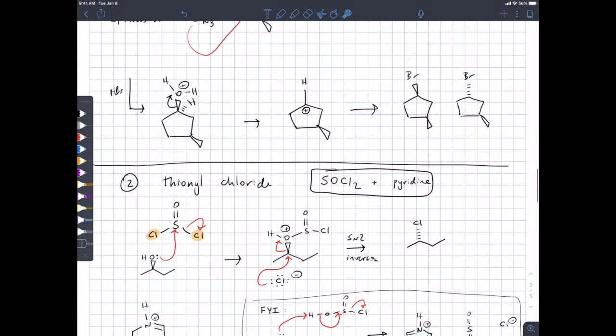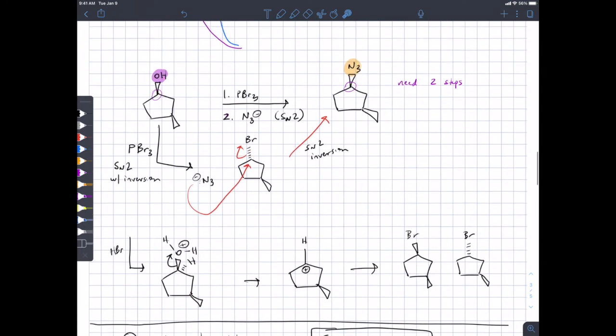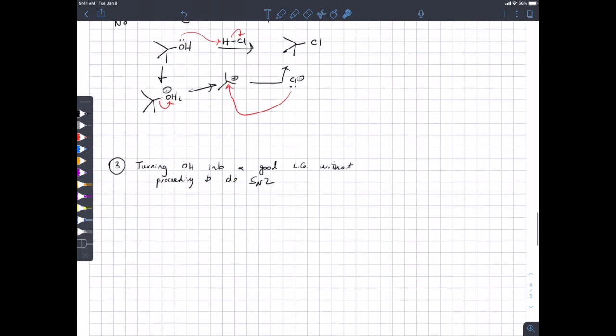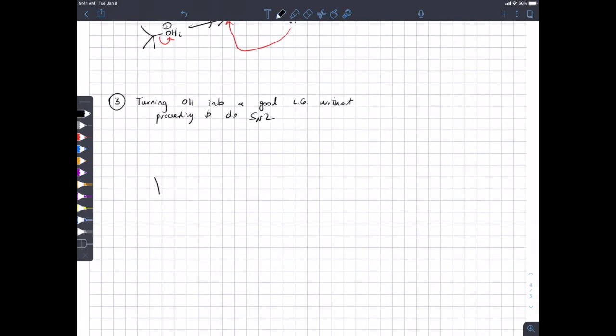What if I wanted a way to do the reaction I was showing above, but in a fewer number of steps?